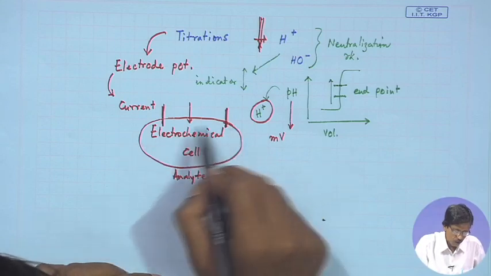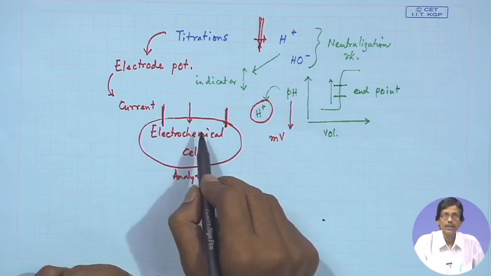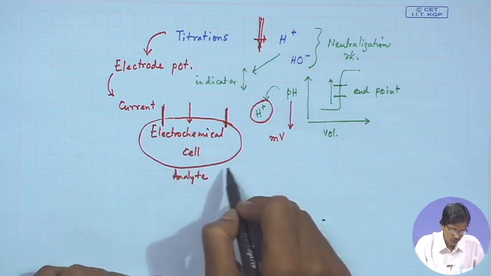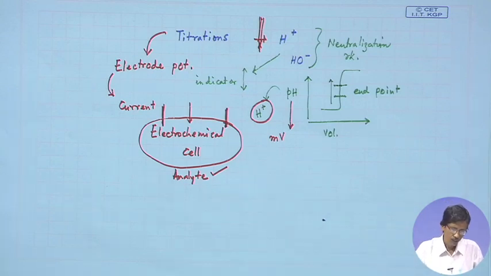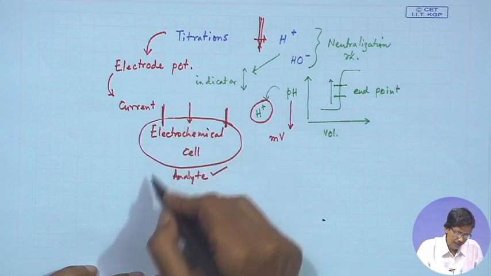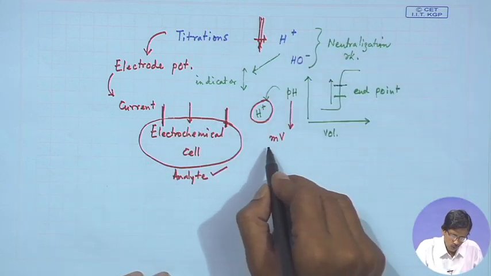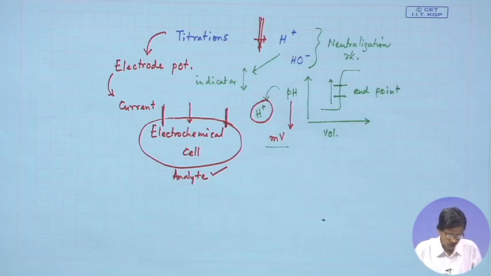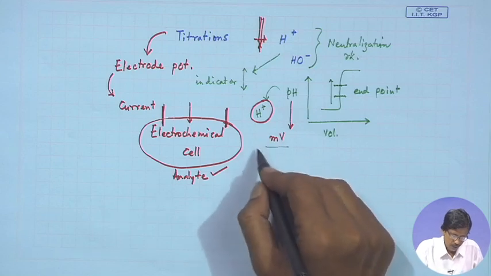What amount of potential can be developed by inserting these two electrodes such that we can monitor the corresponding change in the analyte concentration. Because something we are adding and some sort of neutralization reaction is happening, we will try to monitor the corresponding millivolt. That is the potential we can measure.